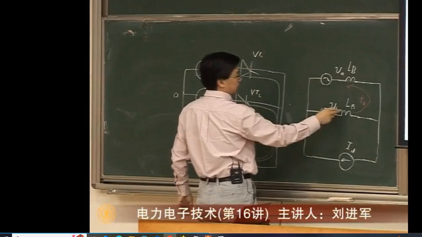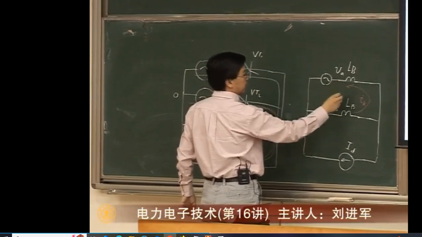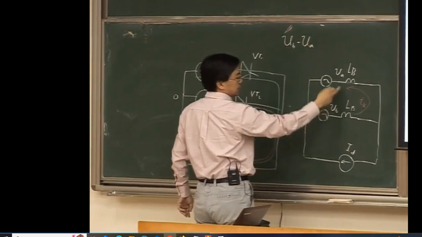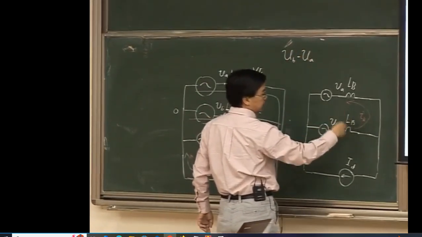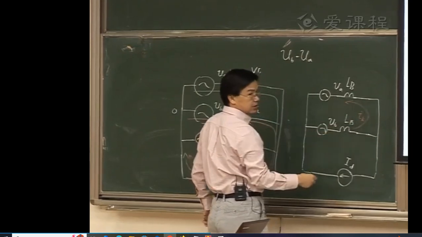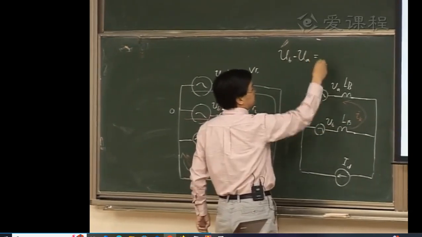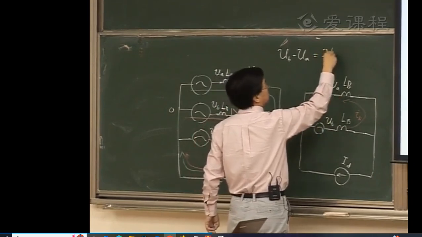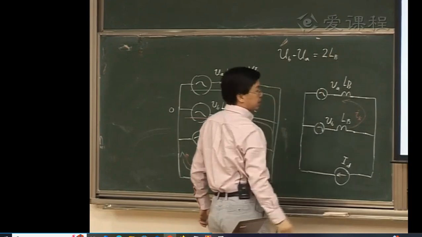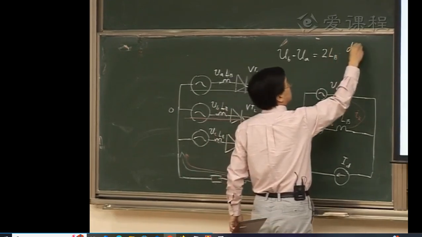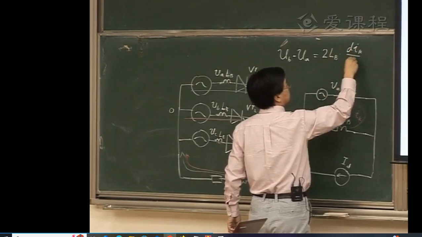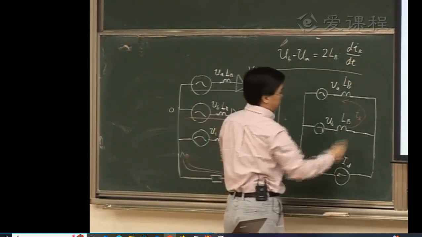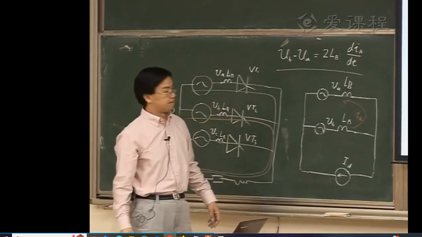This is the voltage UB, this is UA, UB minus UA, this voltage should be the voltage across these two leakage inductances, that's 2LB dIK/dt. So that's the equation during this commutation process.